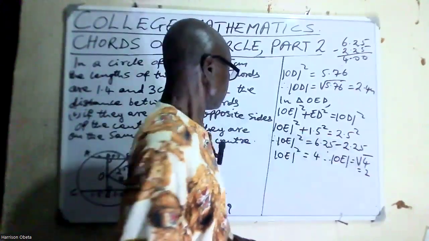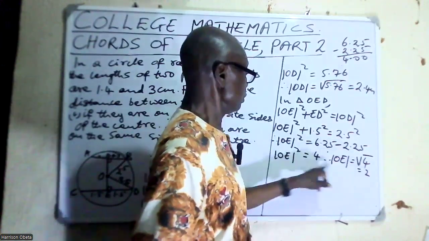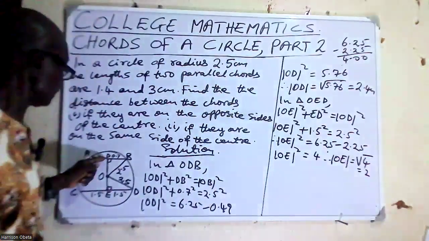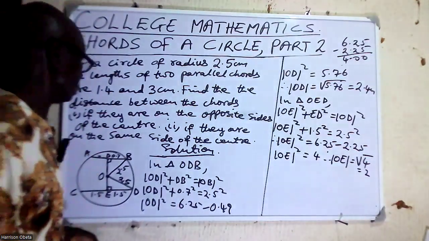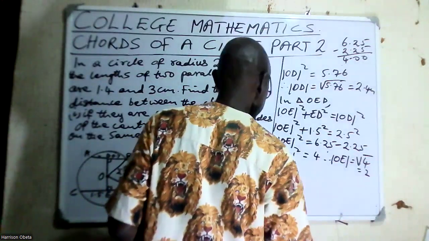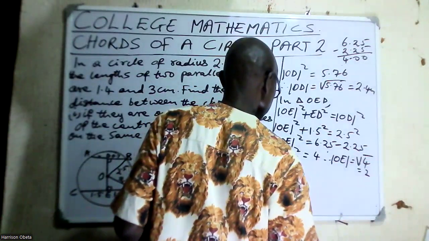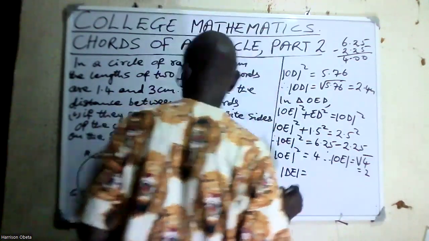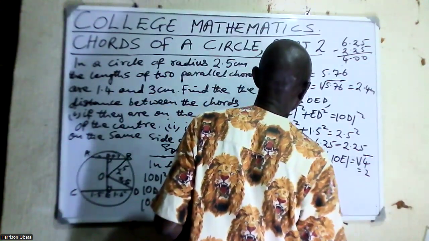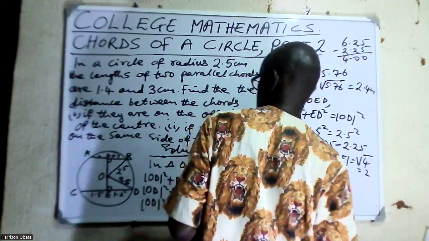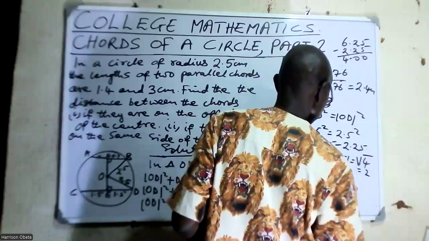Okay, so from here, we have seen that OE is equal to 2, but we are looking for the distance from D to E. So we can say that DE is equal to OD plus OE.